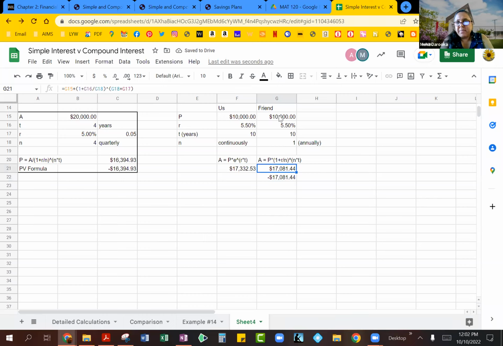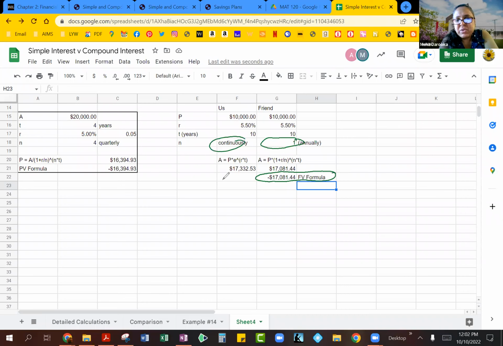So either type the formula in like I did by clicking on my cells, or just use the built-in future value formula. So this guy came from the future value formula. So remember, as I was telling you earlier, only when you have a compounding period, and it can be annually, semi-annually, quarterly, monthly, weekly, daily, doesn't matter, it's only for that you can use the future value.